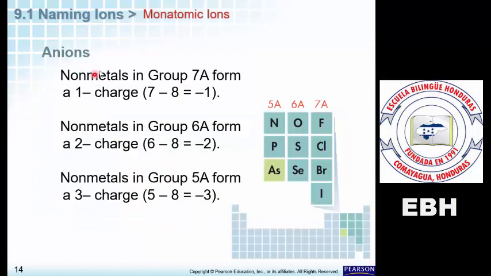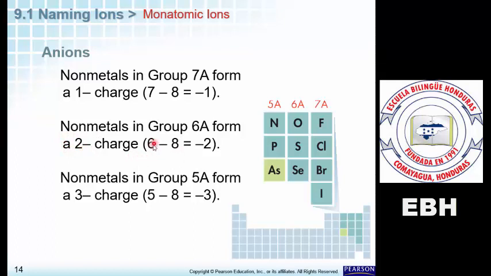Anions: nonmetals in group 7A form, like I said before, a negative charge. You have to subtract 7 minus 8, that will be minus 1. That's the answer over here. Nonmetals in group 6A form a negative charge, in this case 2.